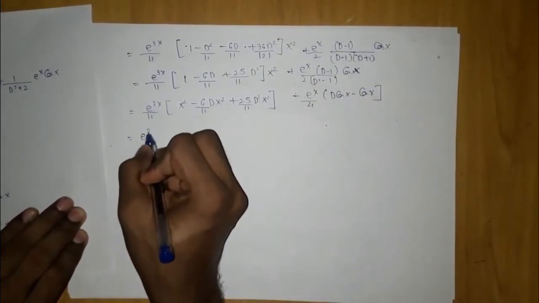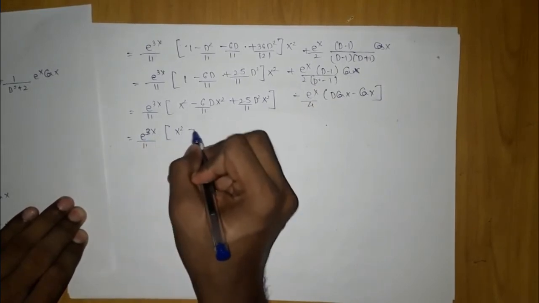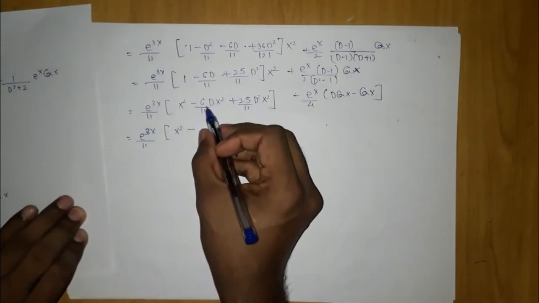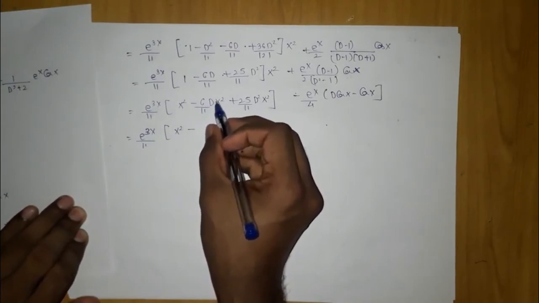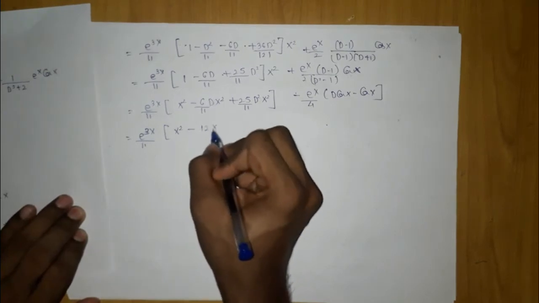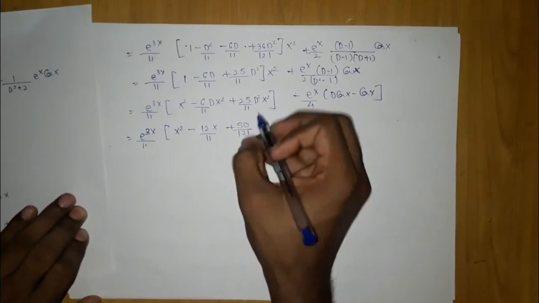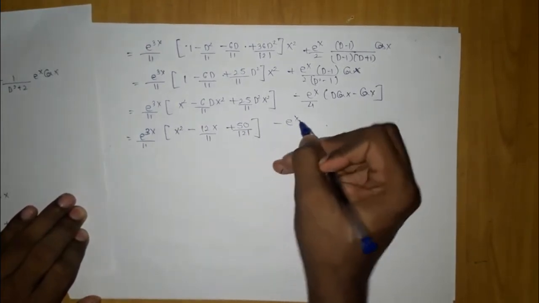After this, e to the power 3x by 11 into x square, what we are going to get, this will be 2x. Okay, when we multiply this, we will get 12x. So minus 12x by 11, and here it will be 50 by 121, minus e to the power x.